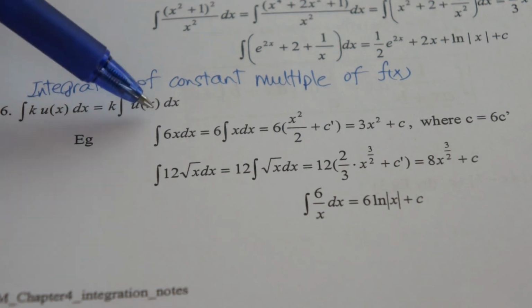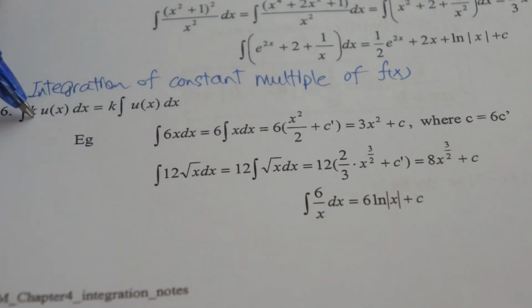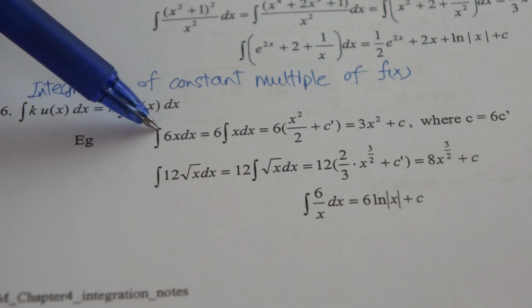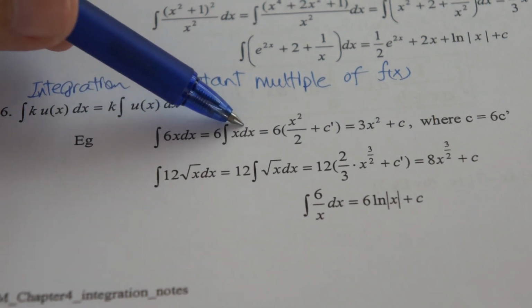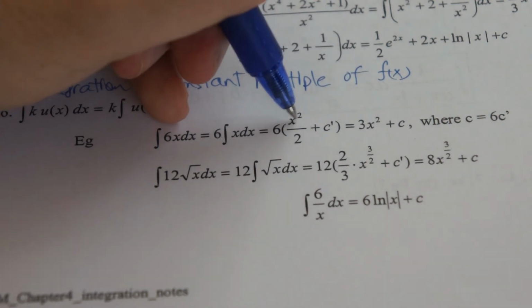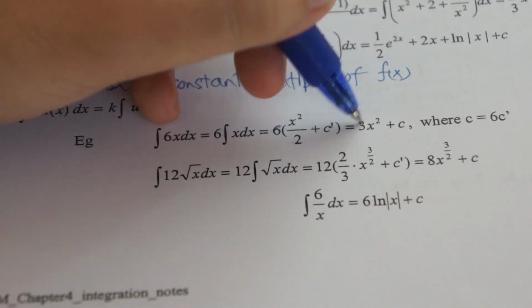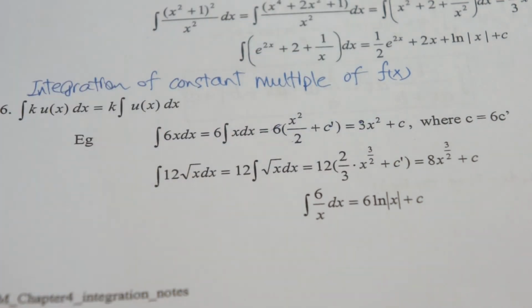For example, if you integrate 6x, you just need to take out the 6, just like here you take out the k outside, and then it will be 6 times integrations of x. While you integrate the x, it becomes x squared over 2 plus c, and then finally 6 and 2 cancel out to become 3, so 3x squared plus a constant.